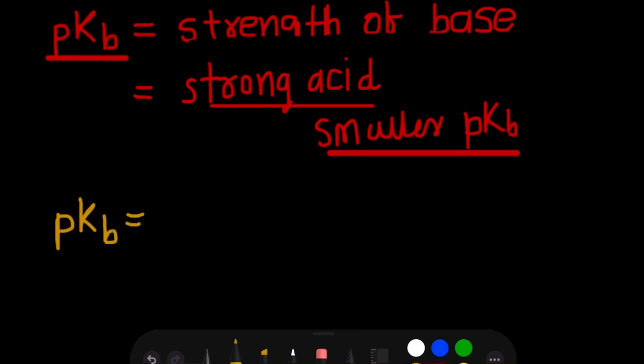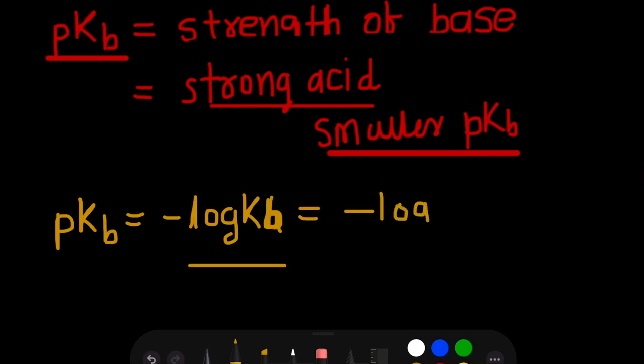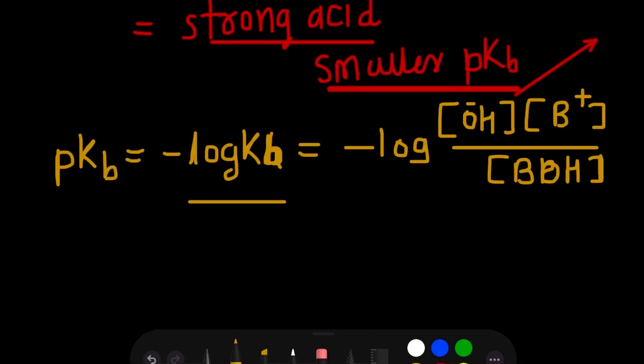How do I know? See, the formula of pKb is equal to minus log Kb. Kb is the dissociation constant for a base, and the dissociation constant is equal to the concentration of base. Base means it gives hydroxide ion.